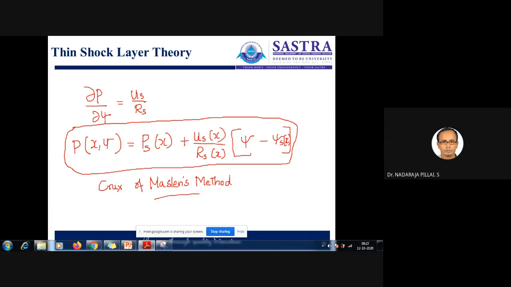So this is the crux of Maslen's method, and we will have a detailed discussion of Maslen's procedure in the next class, right?